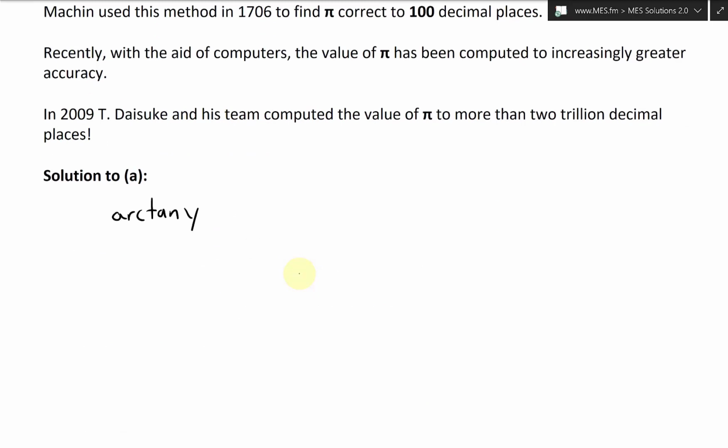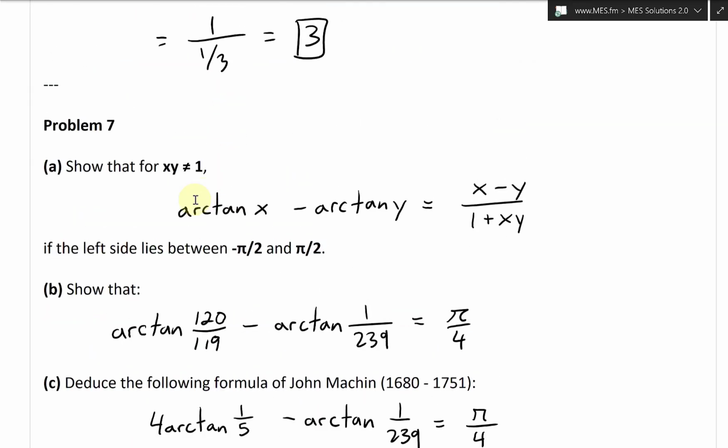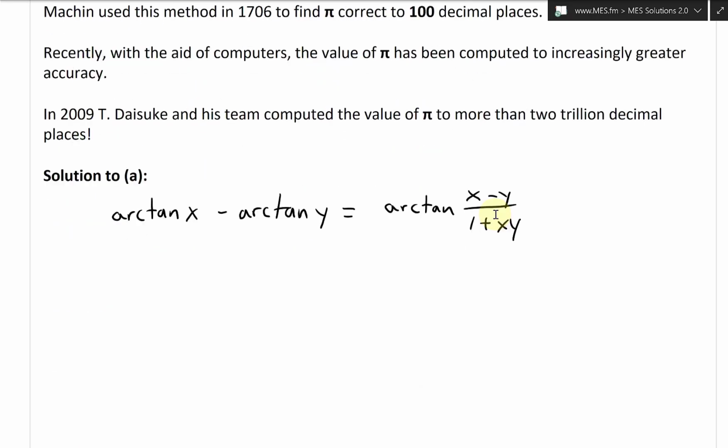Arctan x minus arctan y equals arctan of (x minus y) over (1 plus xy).